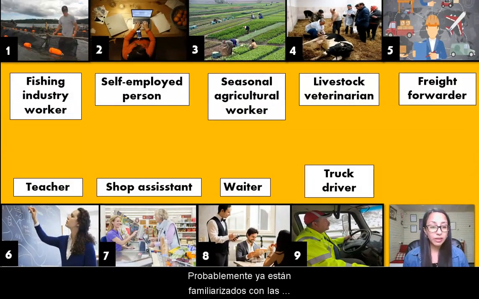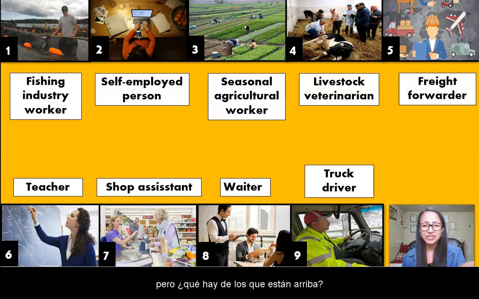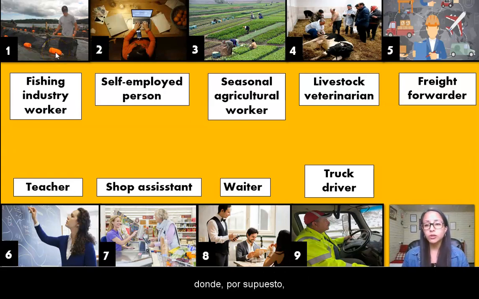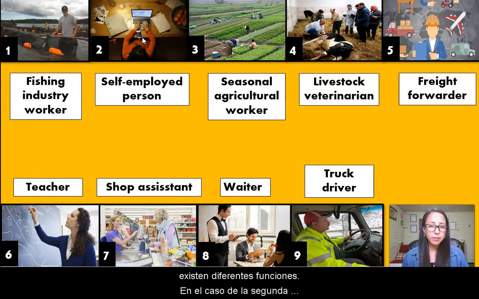You are probably familiar with the images and the jobs that we have at the bottom, but what happens with the ones that we have at the top? The fishing industry worker, for example, is a person who works in the aquaculture field. There are different functions, of course, in this area. In the case of image number 2, we have a self-employed person.